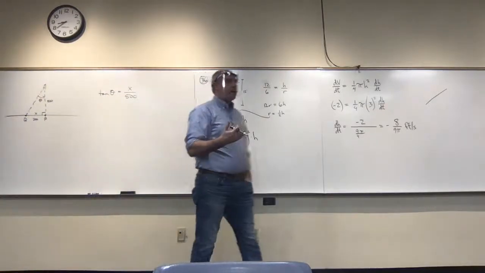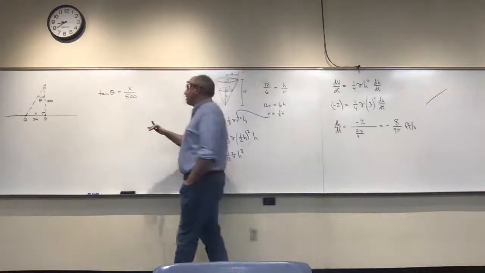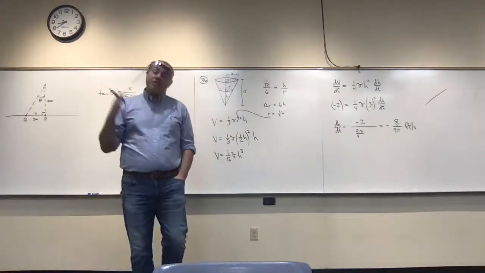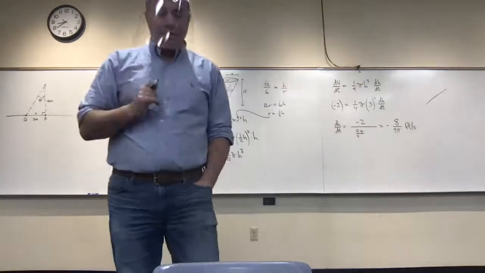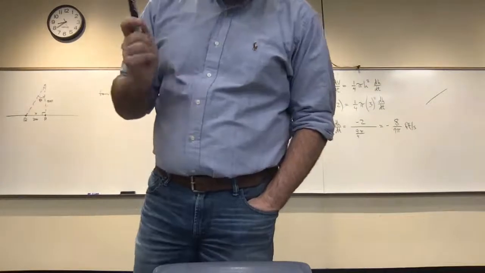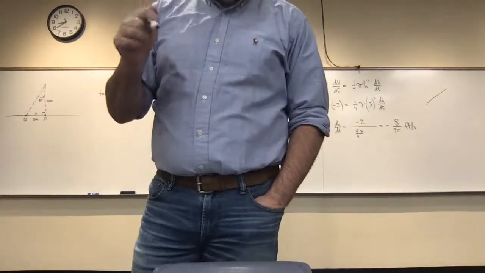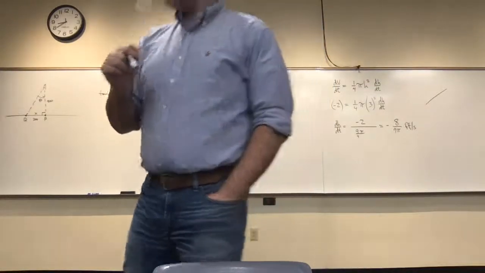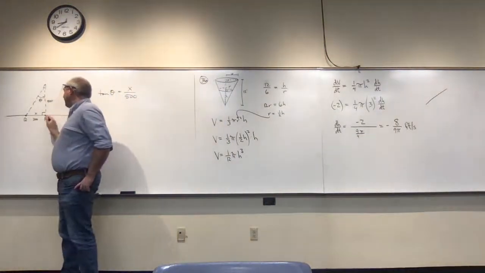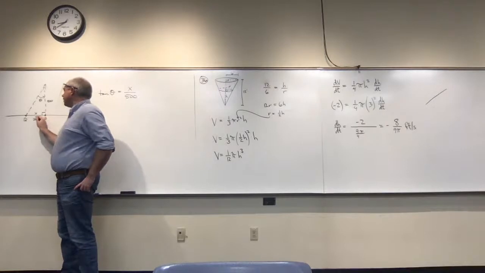with respect to time. The interesting question here is, what is it that I'm actually trying to find? That's always a good question to ask when you're doing these problems. It says, what is the speed of the beam along the shore when it strikes Q? So I'm trying to find how fast that beam of light is moving along the shore.